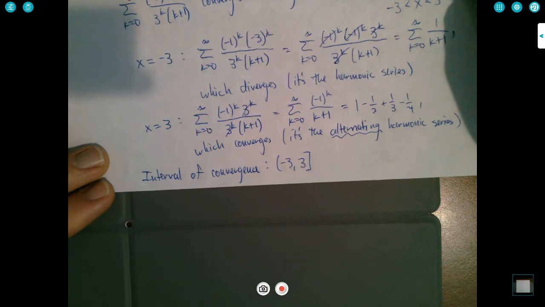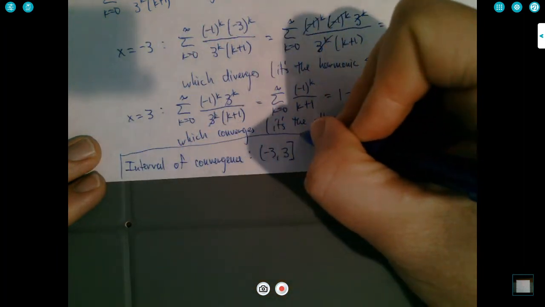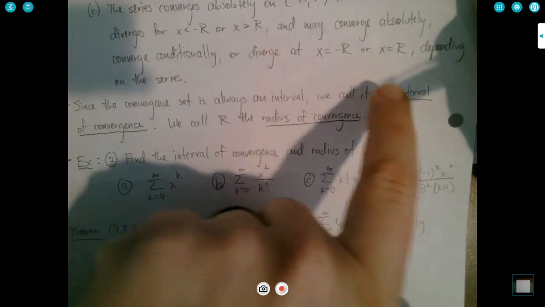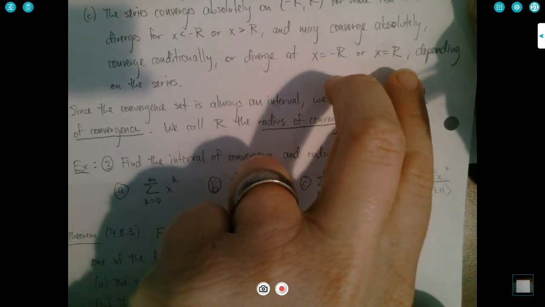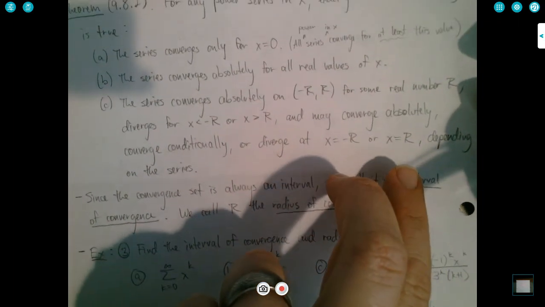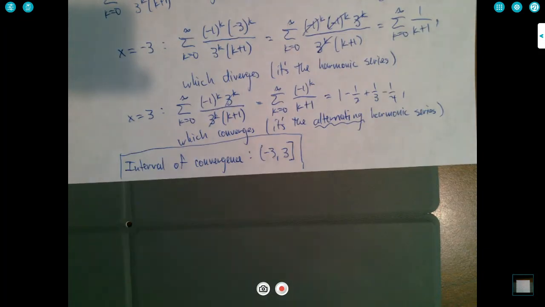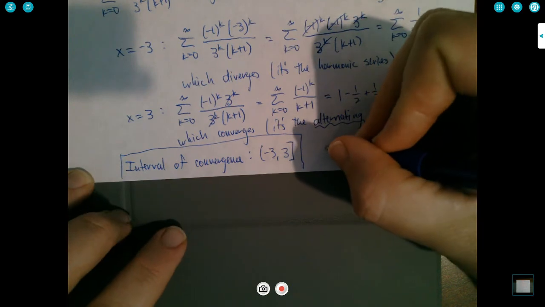So there's the interval of convergence on that one. So that gives you another kind of case 3 scenario, but it just goes to show you that on the endpoints, you don't know what's going to happen. You have to check to see what happens on these endpoints. Okay, the radius of convergence is still 3 here, right?